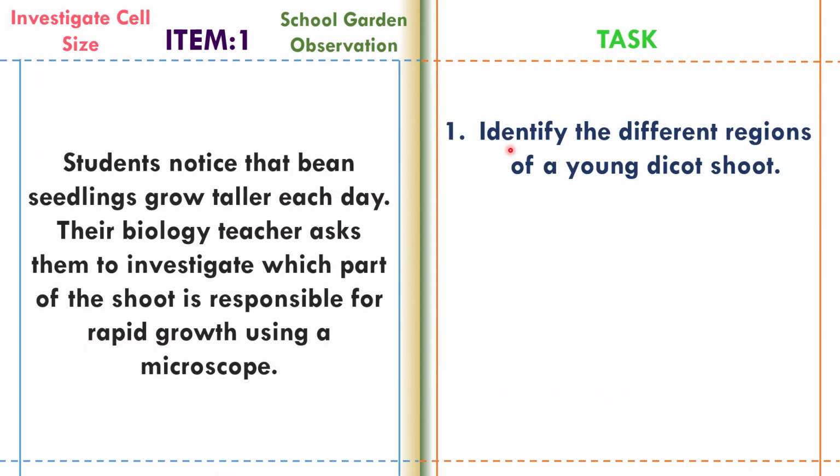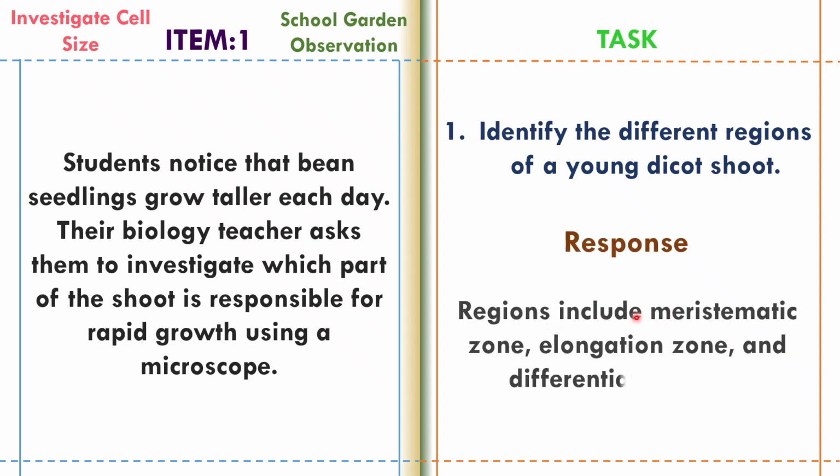Let's start with identifying the different regions of a young dicot shoot. Regions include the meristematic zone, elongation zone, and differentiation zone.